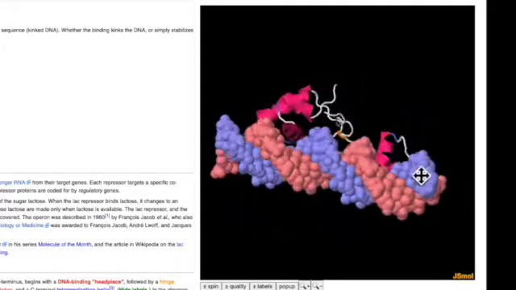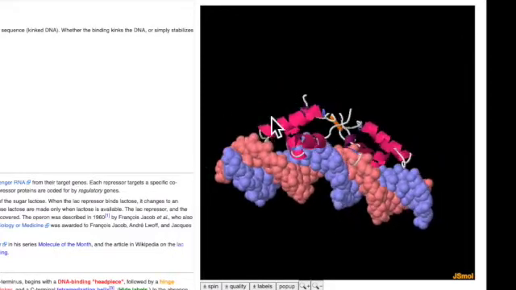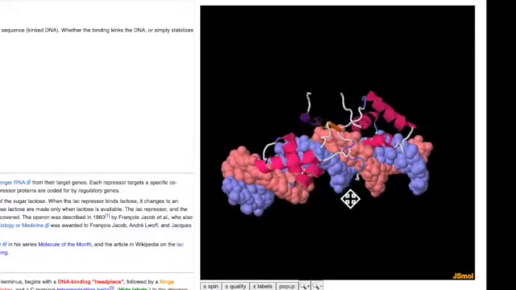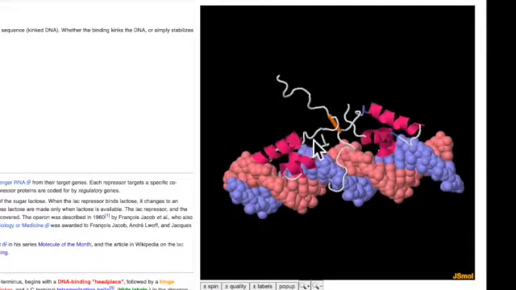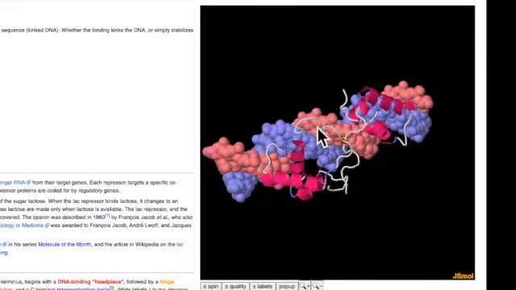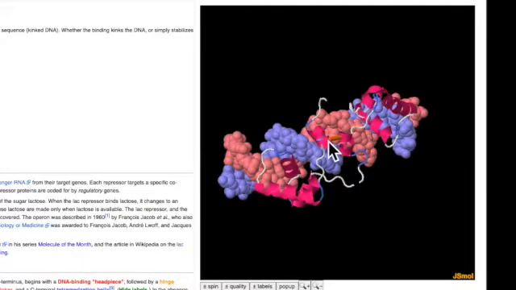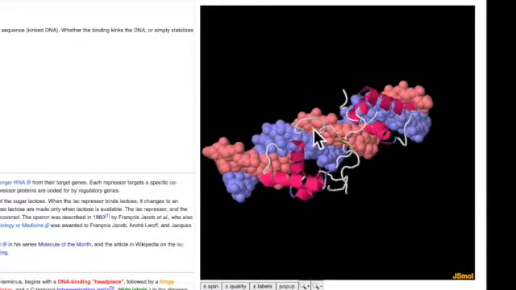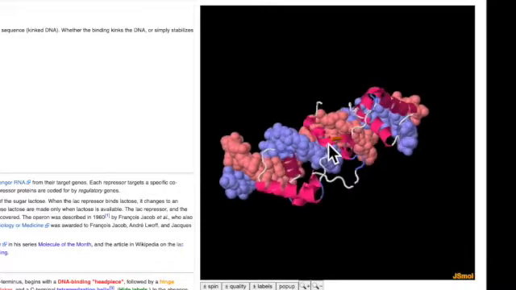First of all, this is the helix-turn-helix head terminal domain. And then remember there's a linker. So look what happens to the linker. Disordered helix.